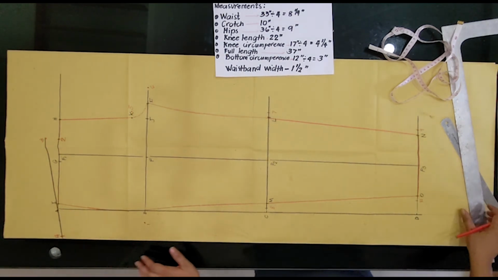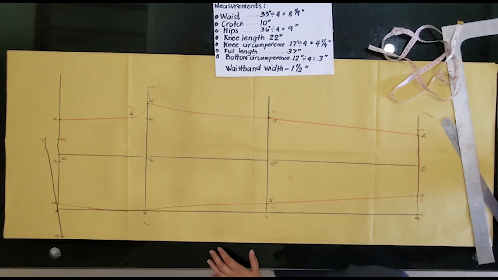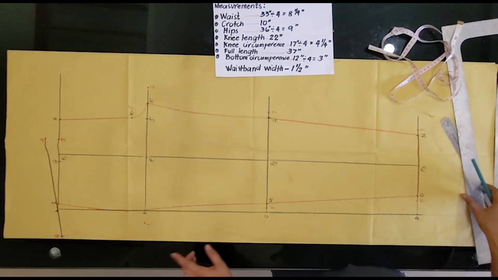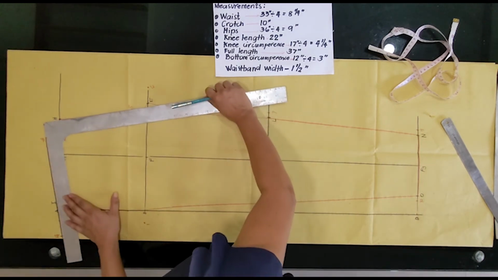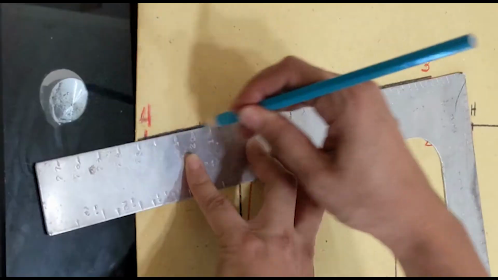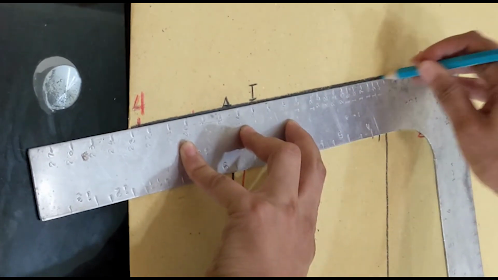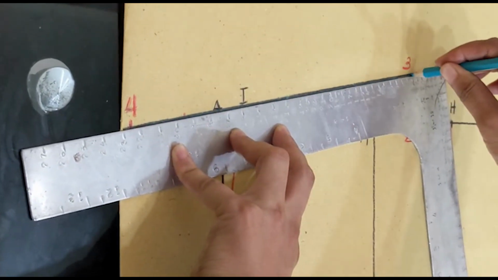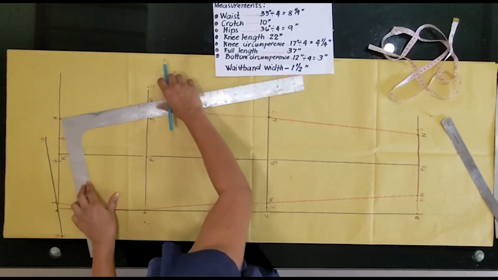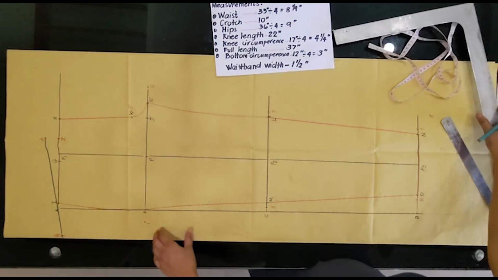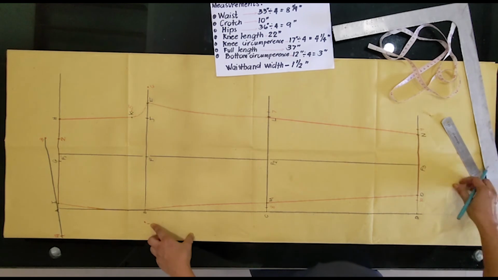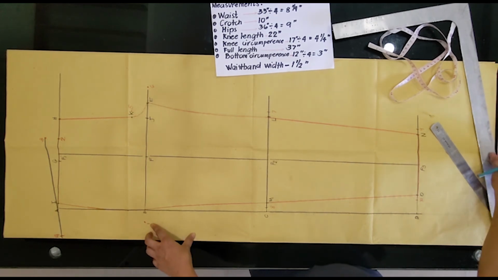part. Okay, so first we have to connect 3 to 4. Okay, so 3 to 4 we have to highlight with another color. Okay, so next we have to connect 4 and 1 with the use of hip curve.